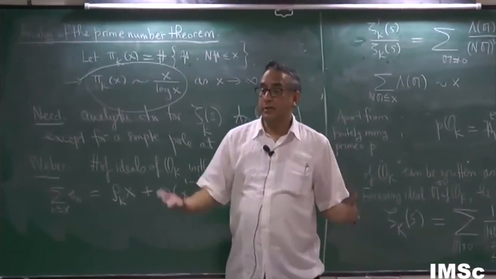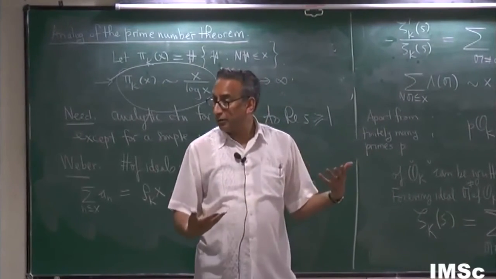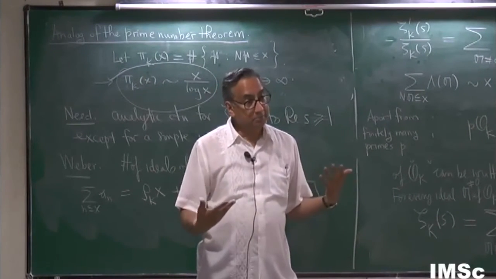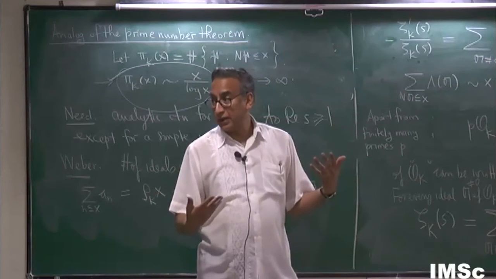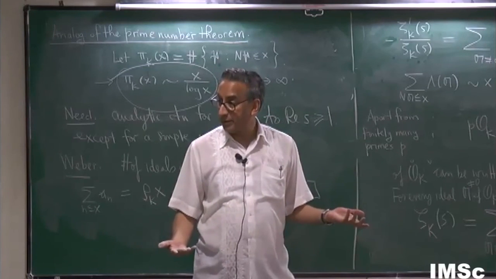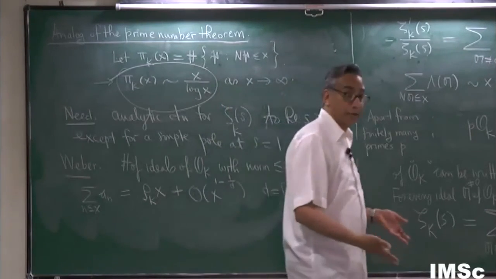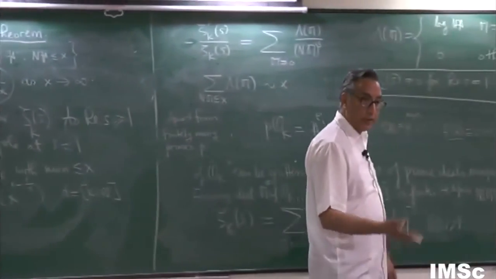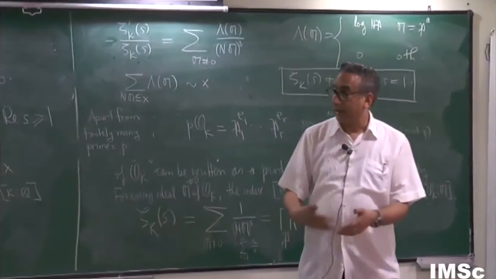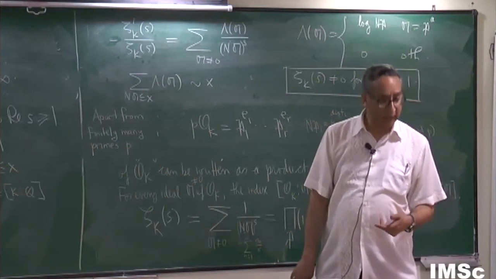In general, is there some general framework? Anytime I have a question about equidistribution, can I bring in the theory of L functions or zeta functions into the picture and solve it just by invoking the Tauberian theorem? The answer is sometimes you can, sometimes you cannot. I want to talk about when you can and when you cannot, and explain how these things work tomorrow and the day after. Okay?